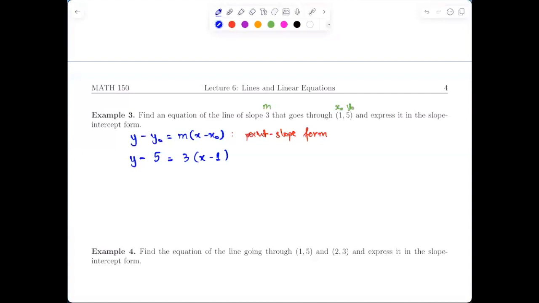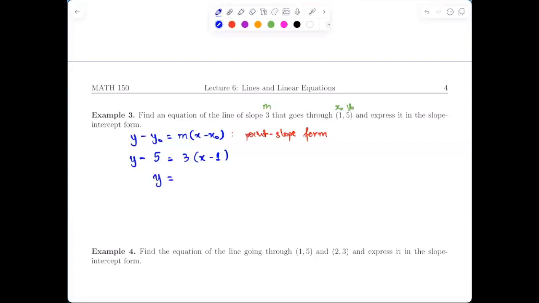We finished finding the equation of a line, but by the look of the example, you need to turn this form into the slope-intercept form. And again, the slope-intercept form is y equal to mx plus b. So we need to turn that into this form. What we do is try to solve for y by itself. That means at this point, you can move -5 to the right-hand side.